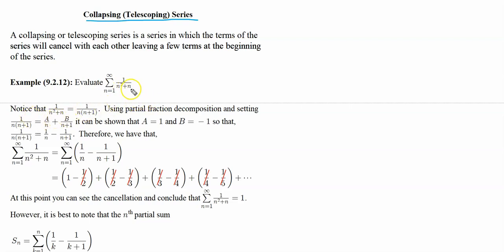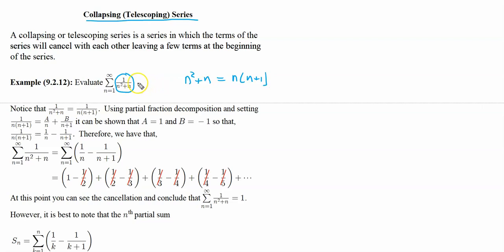Let's note that we can take the a_n terms, the 1 over n squared plus n, and using partial fraction decomposition, note that n squared plus n is equal to, of course, n times n plus 1.